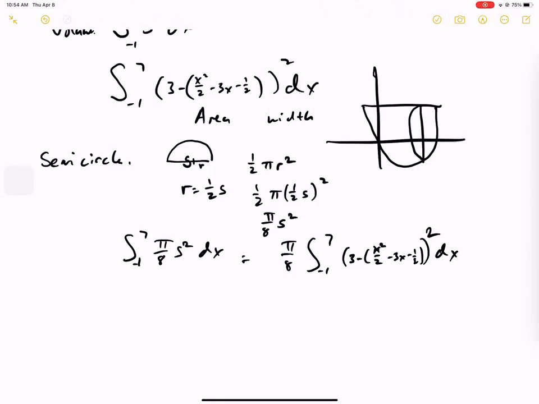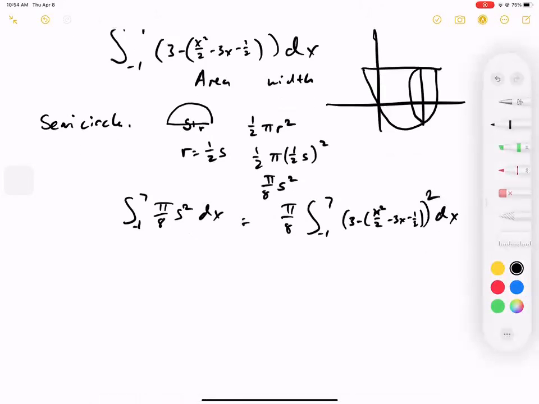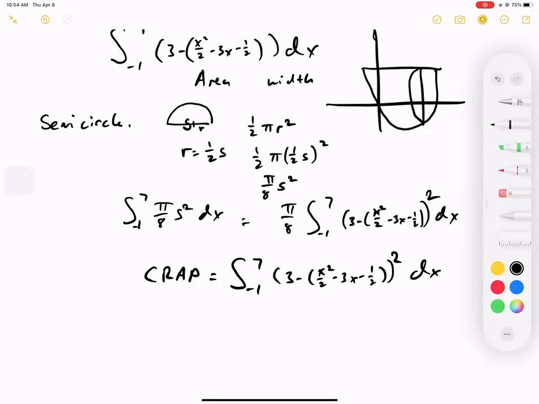How does this change? Okay, I'm getting tired of writing this. I'm just going to write this in a shorter way. So call this crap equal to the integral from -1 to 7 of 3 minus x squared over 2 minus 3x minus 1/2, squared. Okay, that's labeled crap.